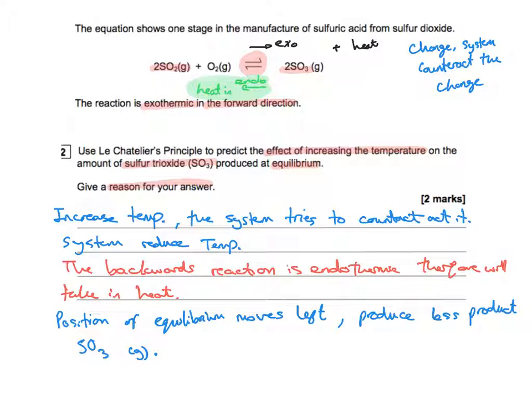So by increasing the temperature, you will make less of the product. It says predict the effect. Well, the effect is we're going to produce less product. And the reason is because the forward reaction is exothermic, so the position of the equilibrium moves left, and we're trying to reduce the temperature.